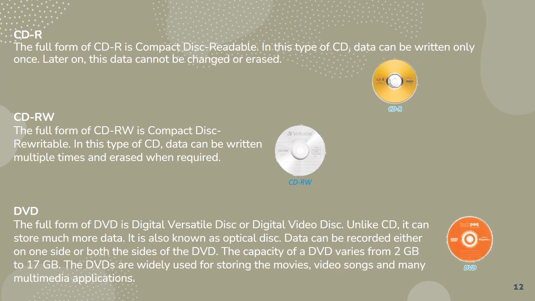It is also known as optical disc. Data can be recorded either on one side or both the sides of the DVD. The capacity of a DVD varies from 2 GB to 17 GB. The DVDs are widely used for storing the movies, video songs, and many multimedia applications.